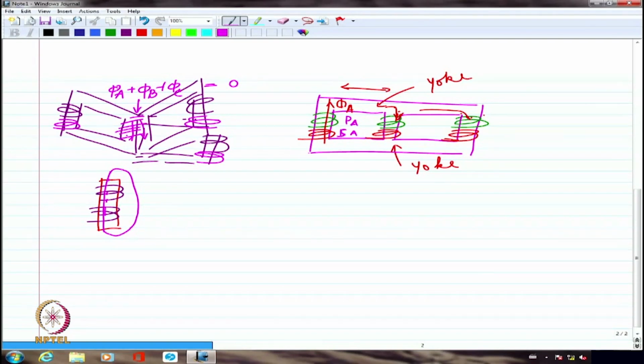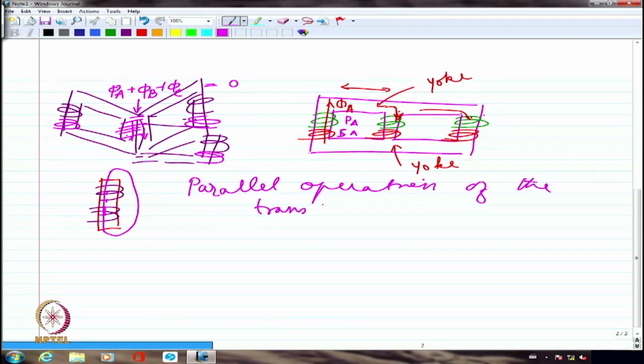So let us now take a look at parallel operation of the transformer. How do we connect two transformers in parallel?